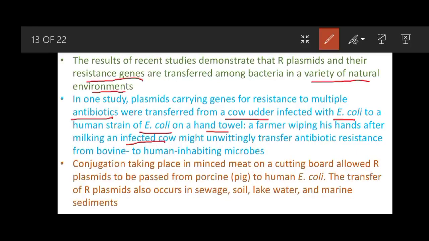He might have unwittingly transferred antibiotic resistant bacteria from bovine to the human inhabiting microbes.